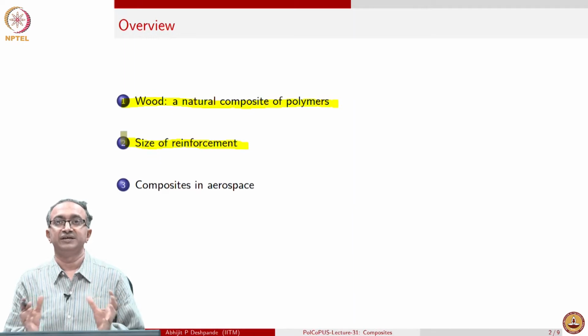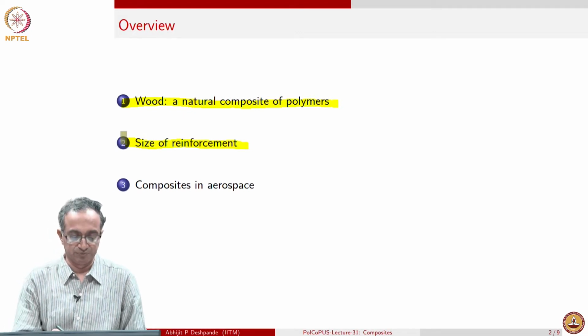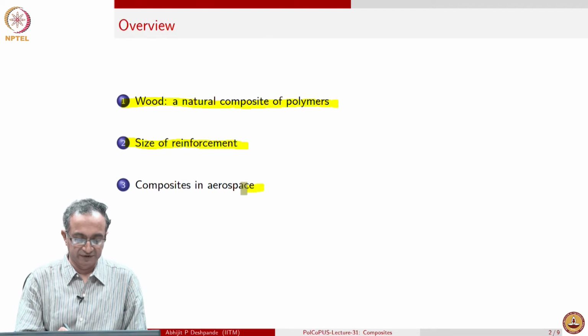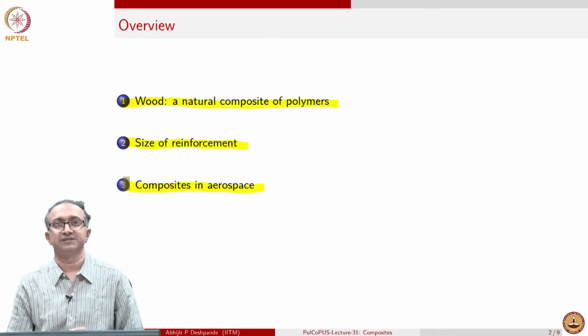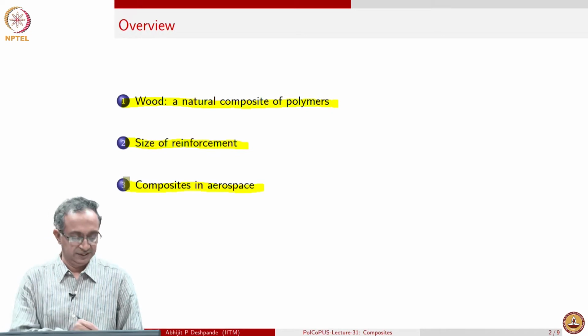So we have a diverse range of sizes of reinforcement which is used, and we will see a quick look at why and what is the influence of such size distribution. And finally, we will, from a user's point of view, look at specifically some applications from aerospace.